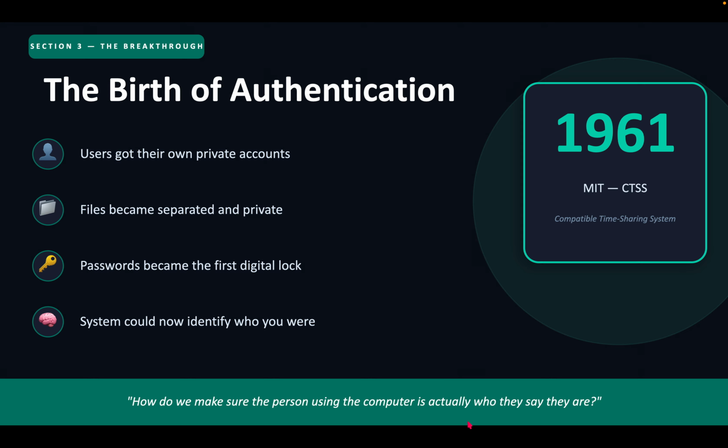And for the first time in history, users had their own accounts, files became private, access was separated per user, and the system knew who was using it. This was the birth of authentication, and it solved the biggest problem: how do we make sure the person using the computer is actually who they say they are? Passwords became the first digital lock on the computer.